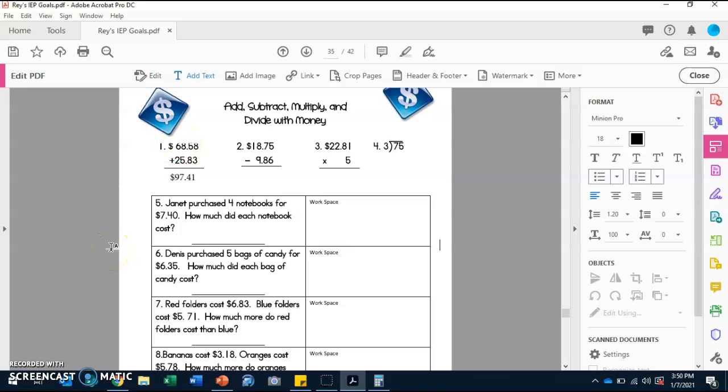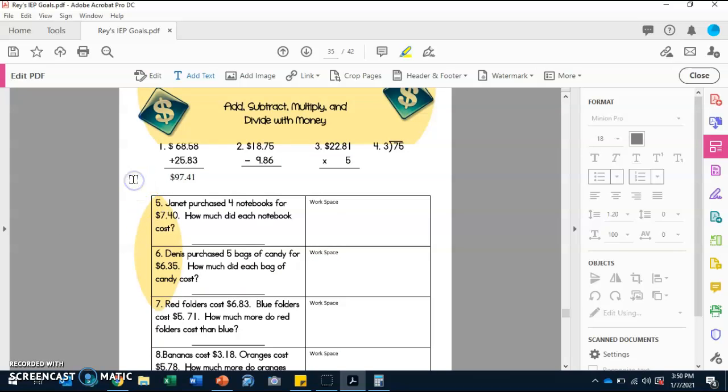Now for question number 5, it says, Janet purchased 4 notebooks for $7.40. I'm going to highlight that. 4 notebooks. My highlighter's not working. Okay, that's fine.